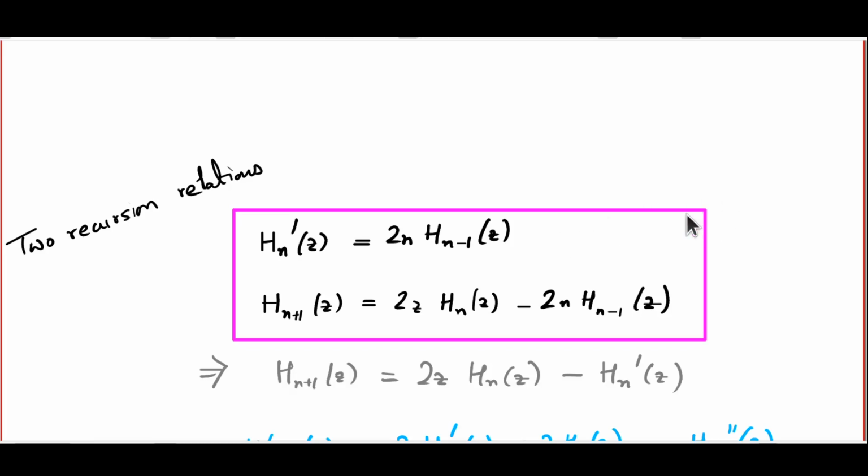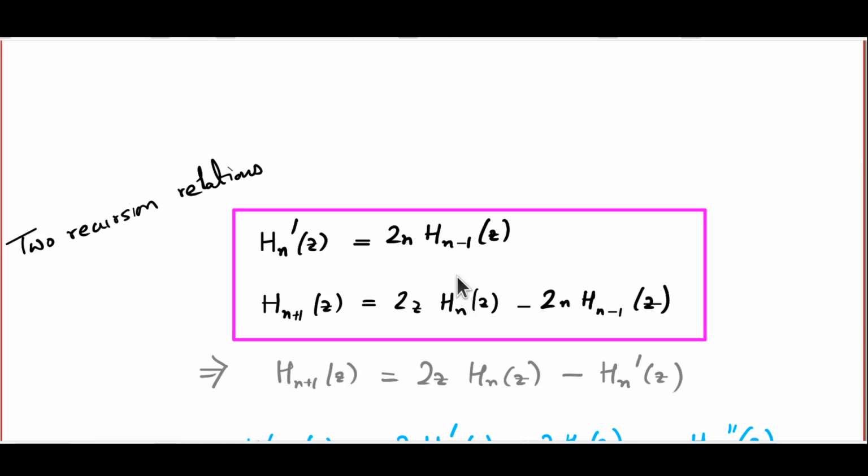The first one relates the derivative of the nth order Hermite polynomial to the n minus 1th order Hermite polynomial. The next one is a connection directly between the Hermite polynomials of different order themselves. So you can actually find out any order Hermite polynomial by using this, starting from the two previous order Hermite polynomials.